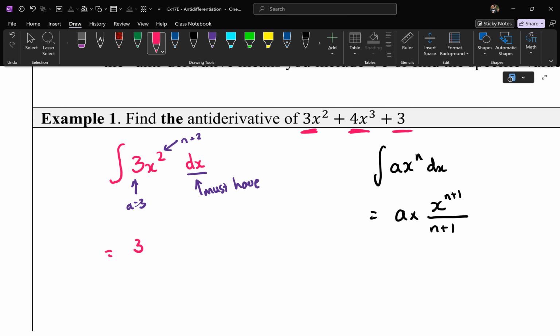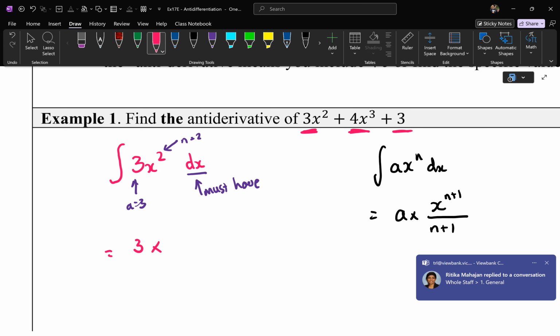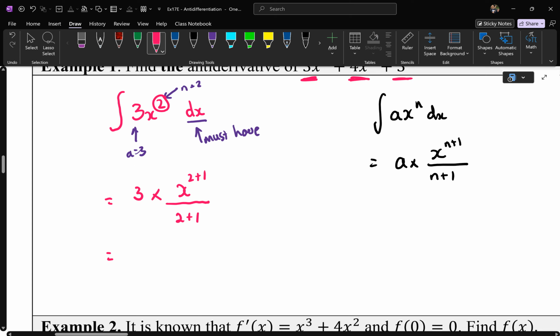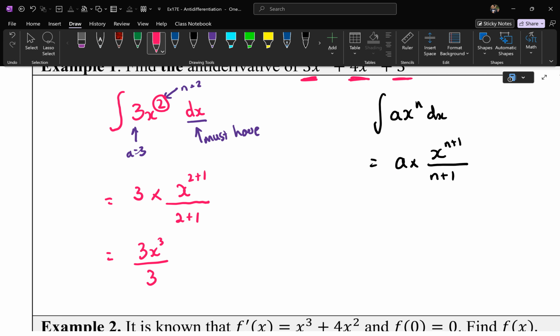So it's still 3 times, and all you had to do was add the power by 1, because the power rule means subtract. So in this case, we add the power by 1, so 2 plus 1 over 2 plus 1. That should give you now 3x cubed over 3.